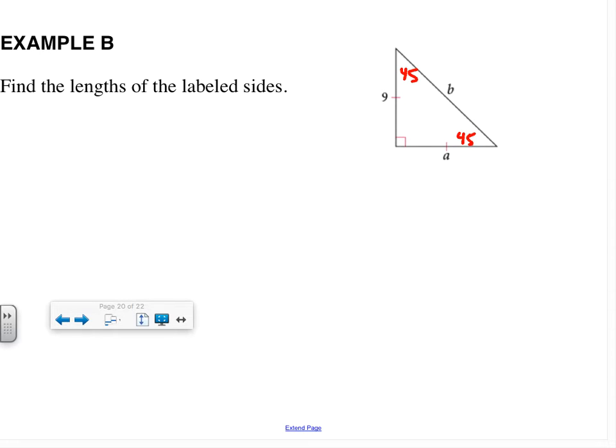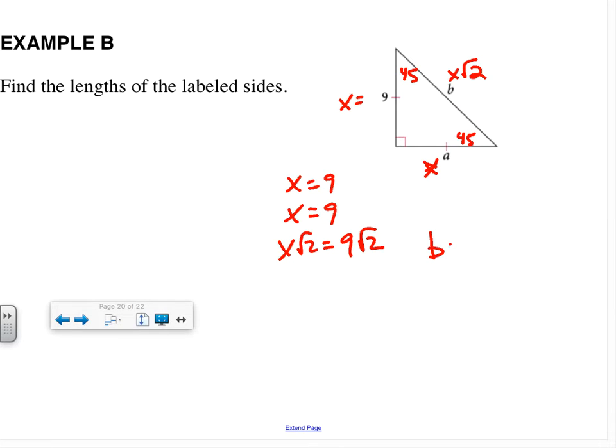Do you remember that these little tick marks mean they're the same sides? So this would be x, this would be x, and this would be x times the square root of 2. So x equals 9, x equals 9, x times the square root of 2 would be 9 times the square root of 2. In this case, B is your 9 times the square root of 2. And your A, whoops, is 9.